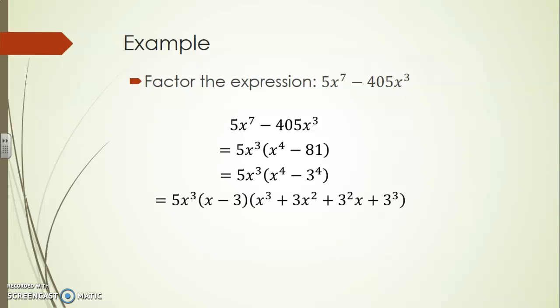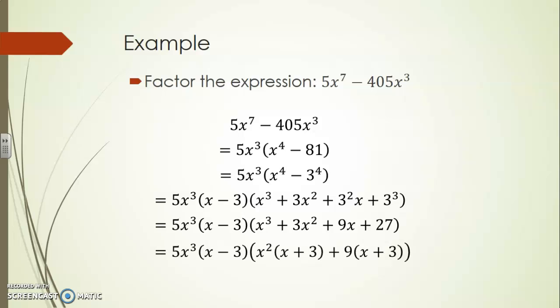And if you do that, you will then have a factored form that pulls out an x minus 3 and x cubed plus 3x squared plus 9x plus 27. Now remember that when you have 4 terms, there is a possibility that grouping might actually be applicable. In this case, it turns out that it works very neatly.